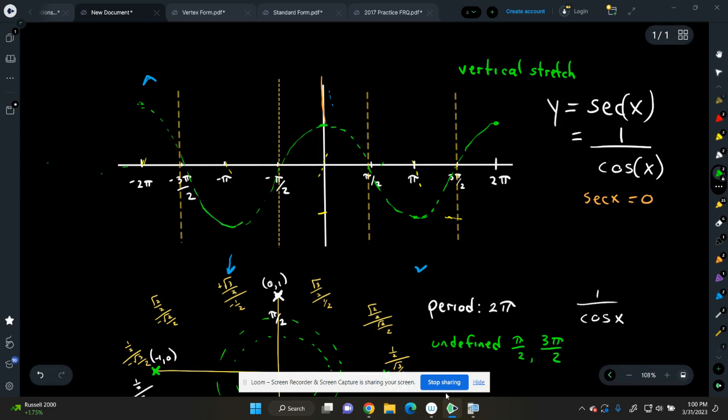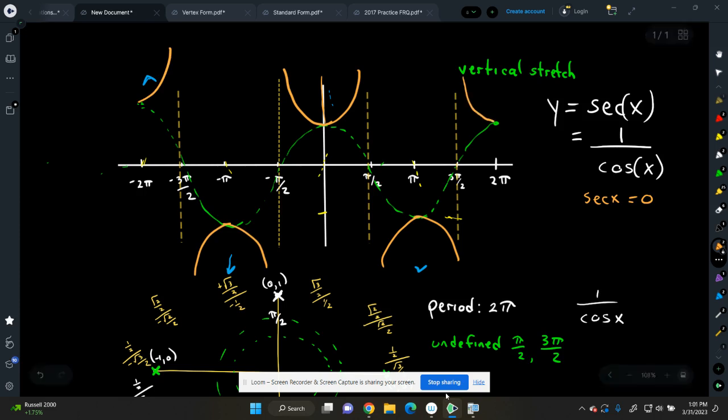There's my cosecant curve. So my secant is going to do the same thing. We've got u's that are touching the amplitude. Now this u over here is only going to be half the u, and this will be half of the u right there. So secant looks just like the cosecant, just shifted over.